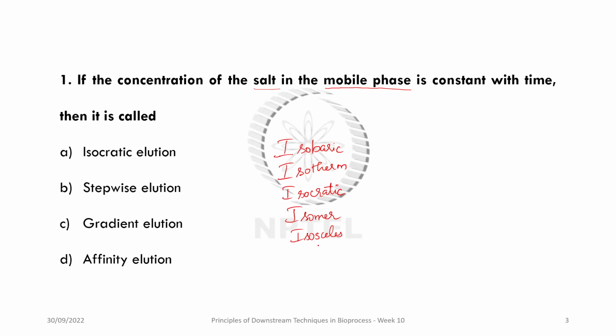It's been a long time since I wrote isosceles triangle. But at least it should give you a hint, right? When something is constant, isotropy, isotropic, right?